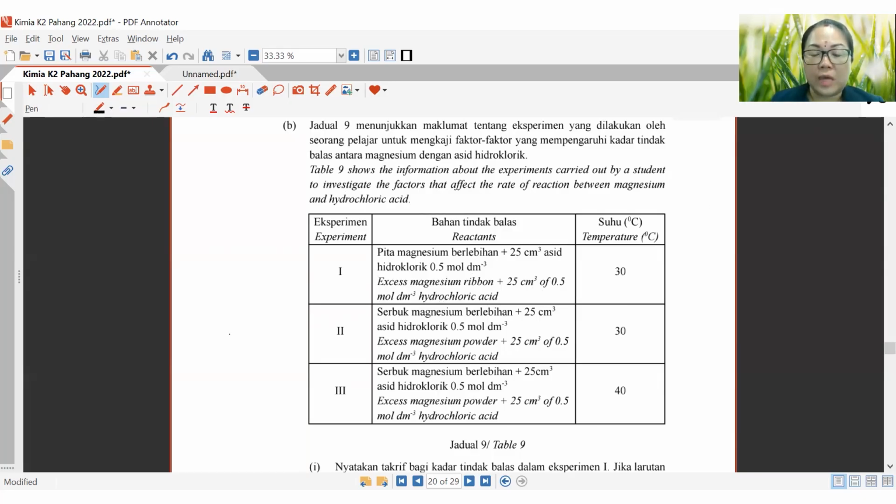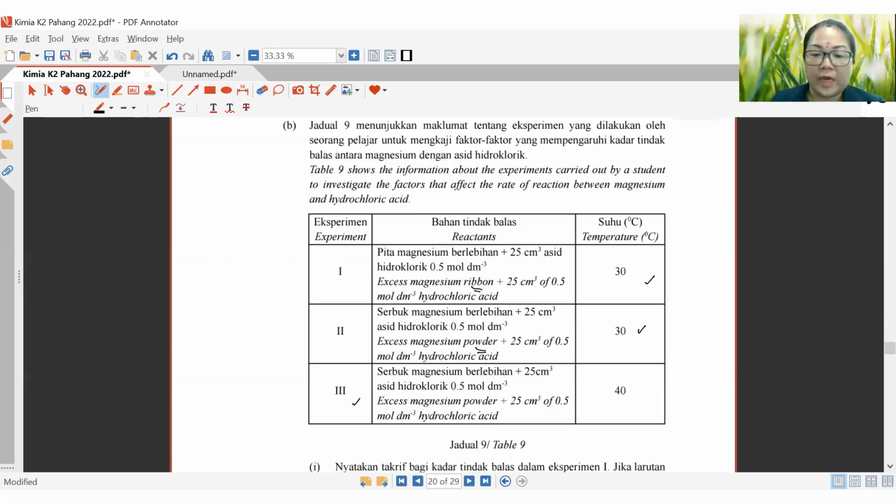Experiment 2 has the same type, just that the excess magnesium, instead of ribbon, we're using powder. So let us highlight the key points first. Ribbon, powder, and still runs at the same temperature.